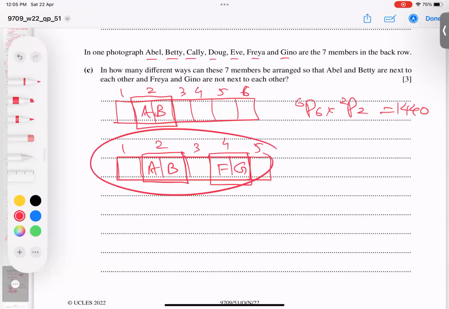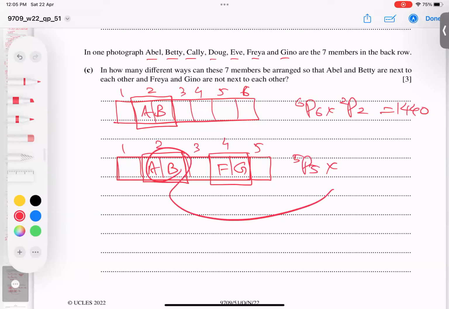I will deal with it as 5 people. So 5P5, but these people can shuffle 2P2, and these 2 people can also shuffle 2P2. So 5P5 times 2P2 times 2P2, I got 480. And if I subtract 480 from 1440, I will get my answer.